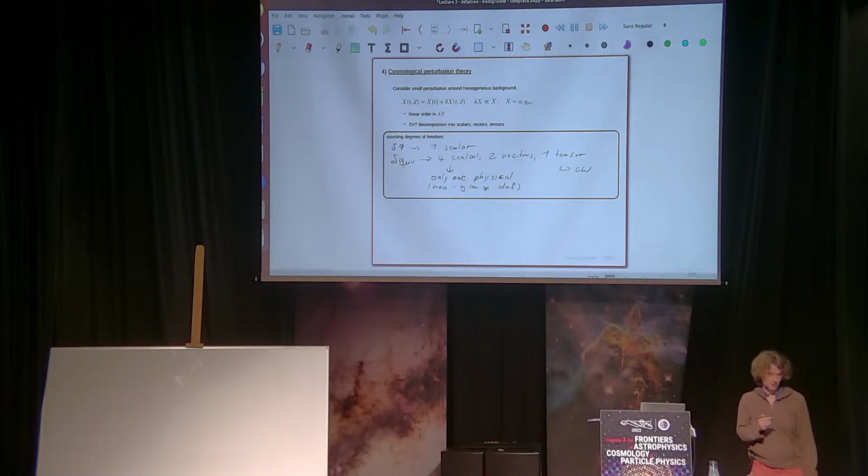So, of course, I can write down a theory, I can write down some perturbations, but then I need to make sure that my observables are invariant under coordinate transformations. And in particular, you can imagine that when I define a perturbation and I define a homogeneous background, it depends a lot how I do my time slicing, right? If I define a time slicing, then I measure inhomogeneities on this time slice.